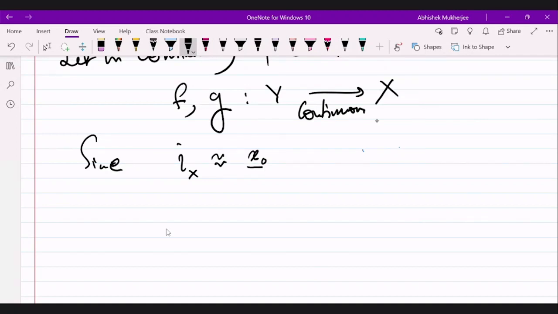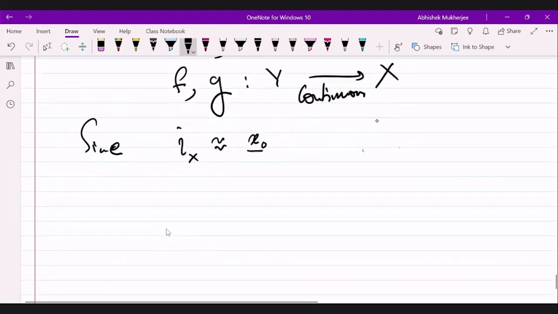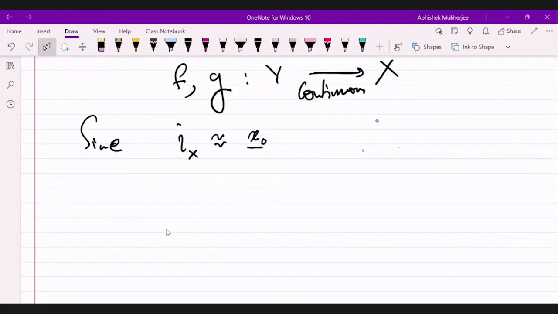Then, by the use of the exercises that I have given earlier, this implies that Ix compose F is homotopic to x0 compose F.